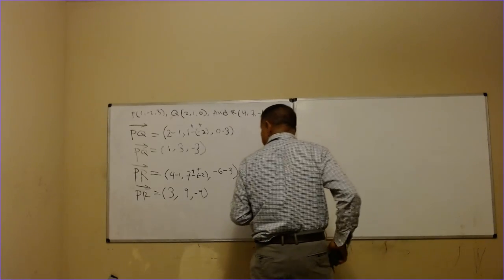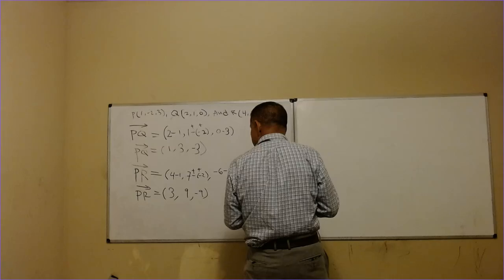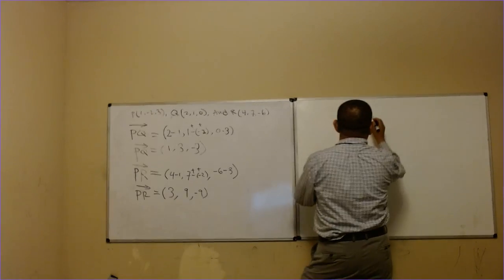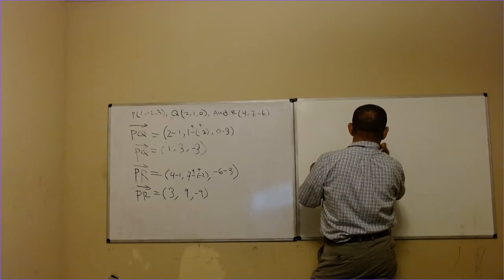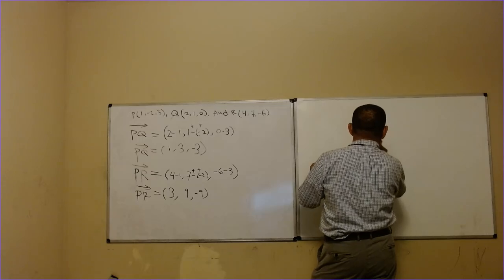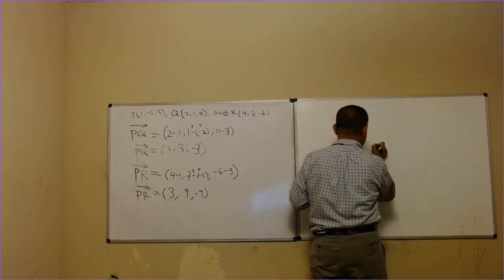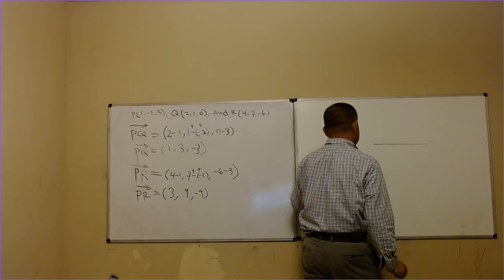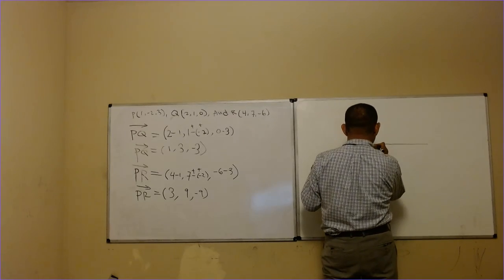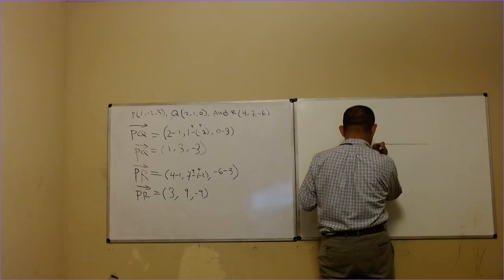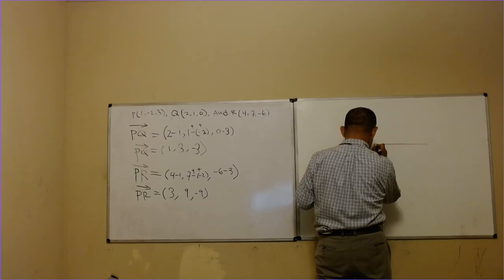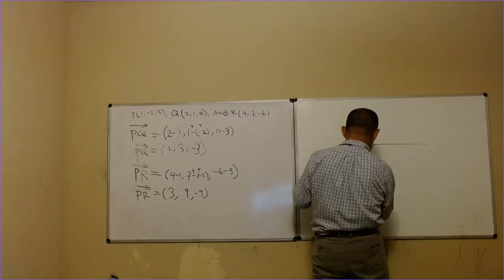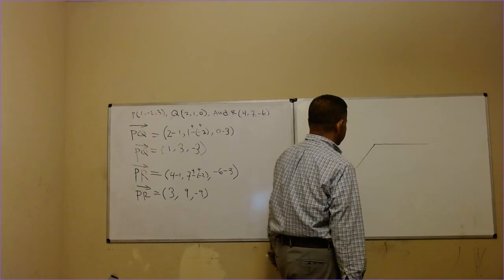So we have those 2 points, right? So we have something like this. So something like that. Then we have something like that, right?